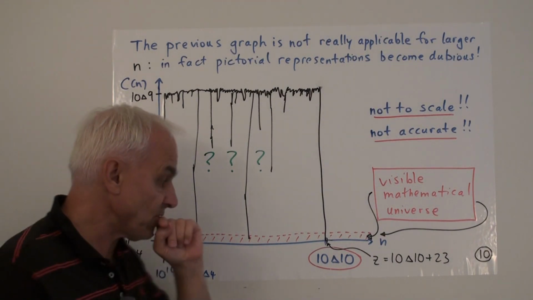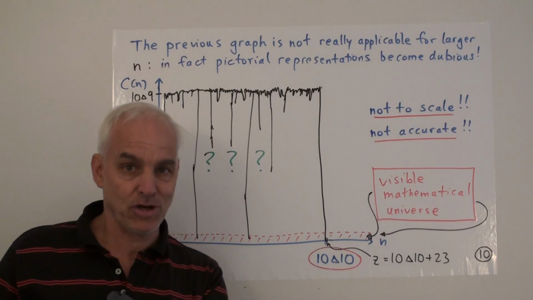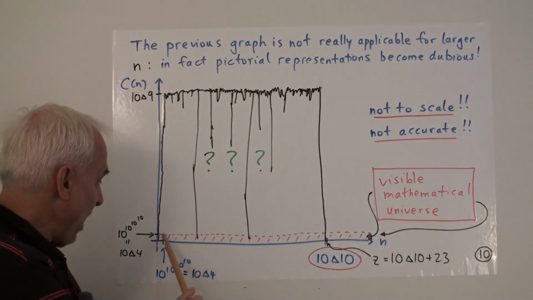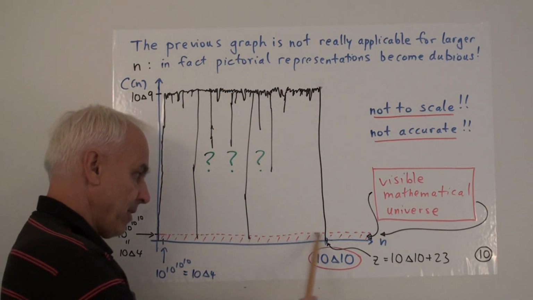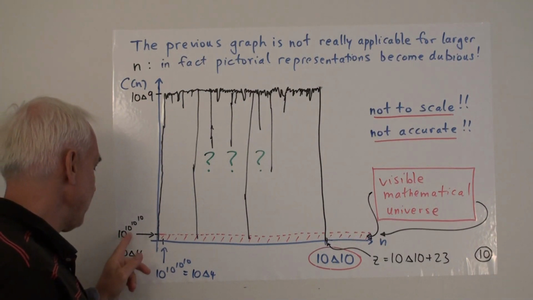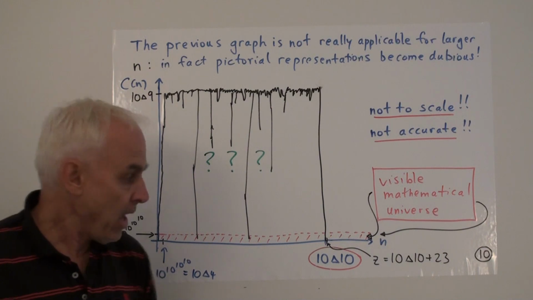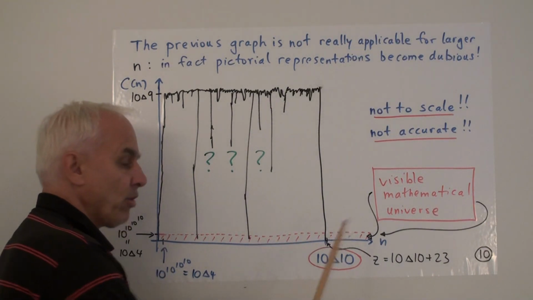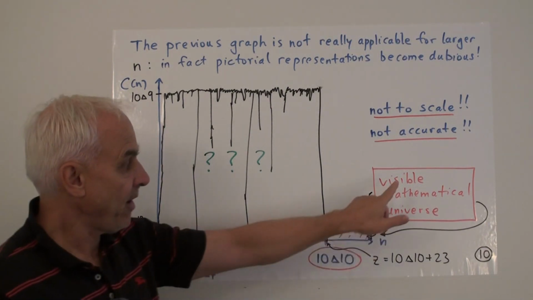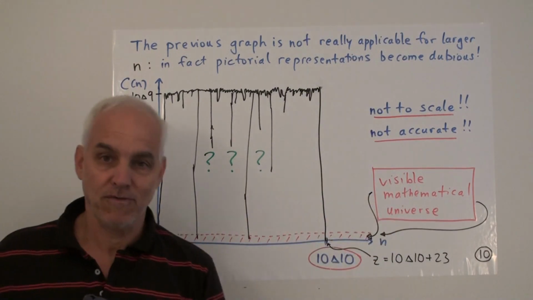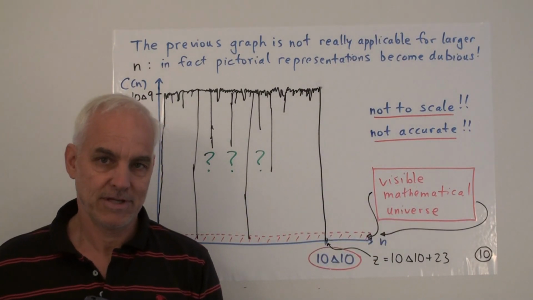But what I want to draw particularly to your attention is that there's a little band down here. I put a band across at this 10 triangle 4, which is 10 to the 10 to the 10 to the 10. And I'm claiming that this band more or less corresponds with the visible mathematical universe. What does that mean?